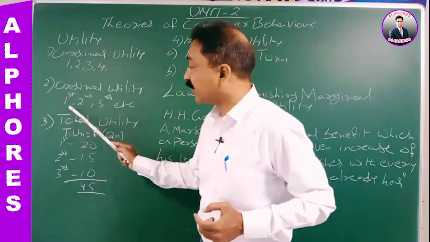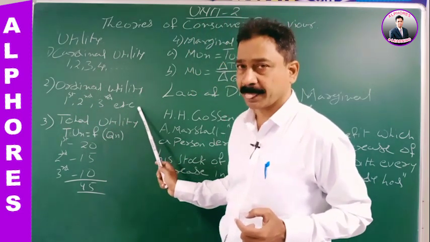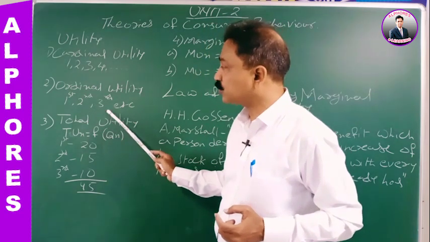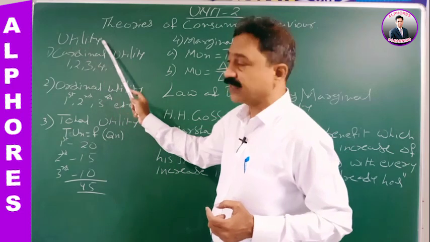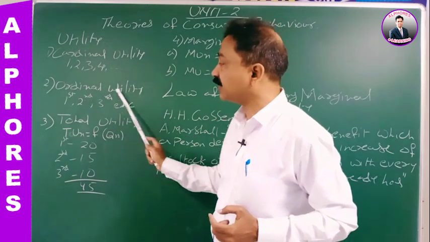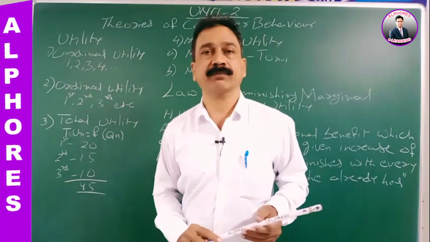These are called ordinal numbers: first, second, third, etcetera. If you use these ordinal numbers to measure utility, want-satisfying power, then that utility is called ordinal utility.